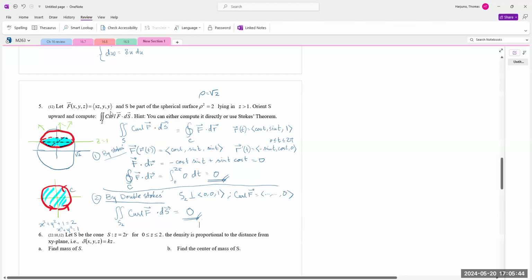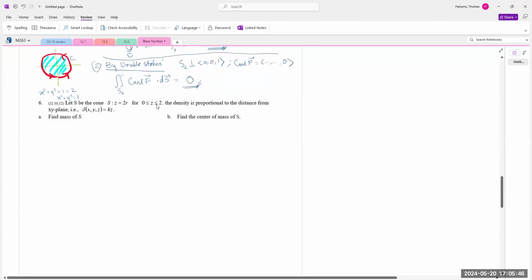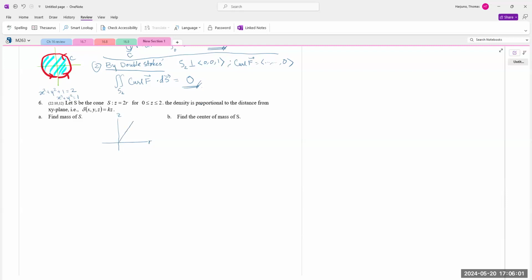Let's do number 6. Let S be the cone z equals 2r, where z is from 0 to 2. Hold on, let me try to imagine this. z equals 2r. If this is r, this is z, this is 2r. Then you rotate that with respect to the z-axis.